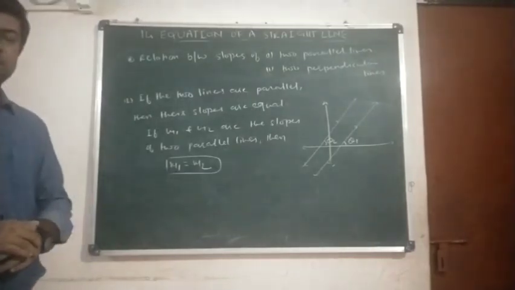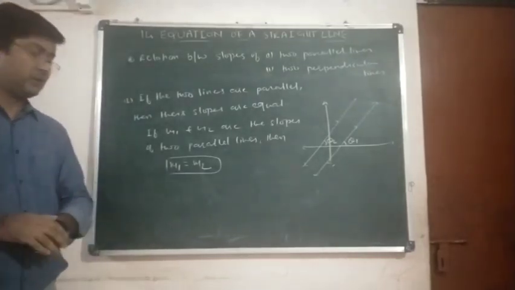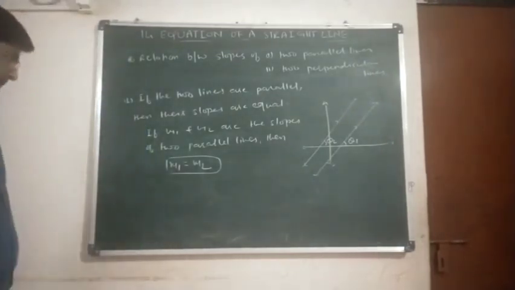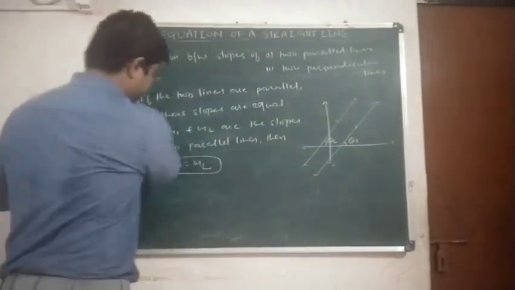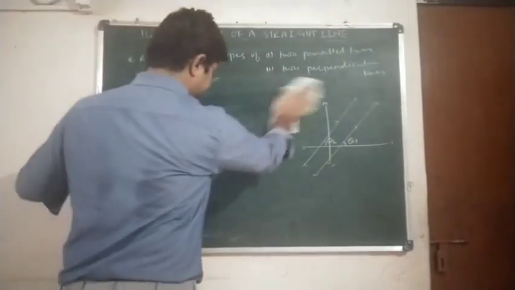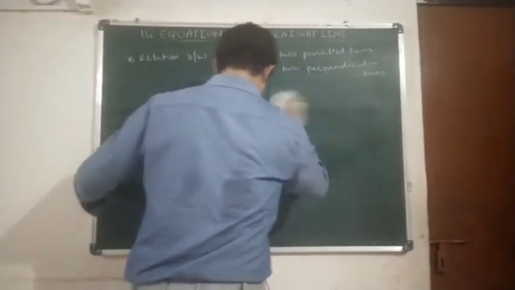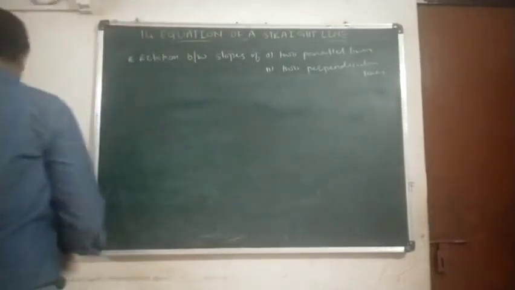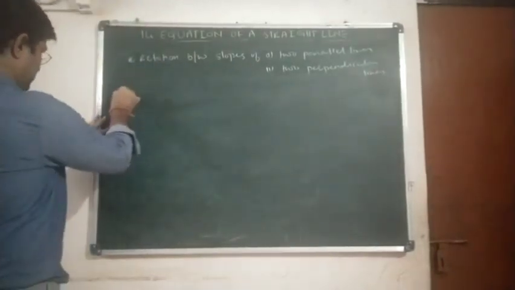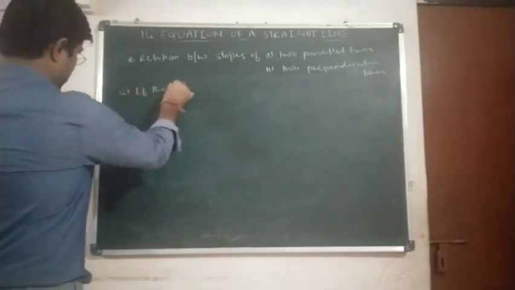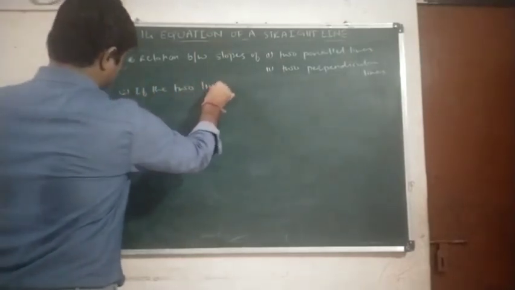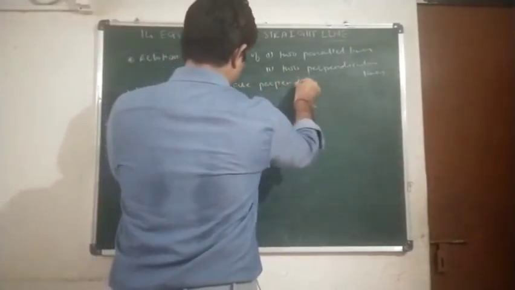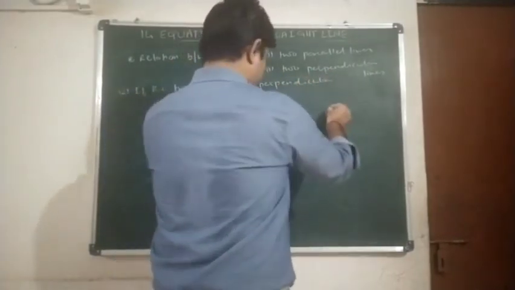Now what will happen if the two lines are perpendicular? So let us see the relationship between the two perpendicular lines. Number 2. If the two lines are perpendicular, in that case what will happen?